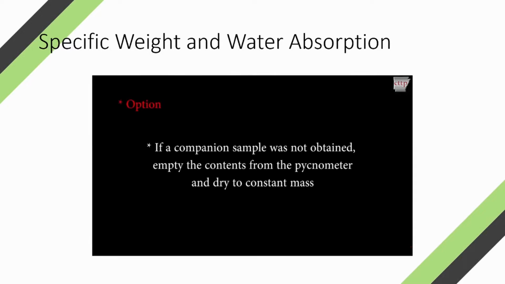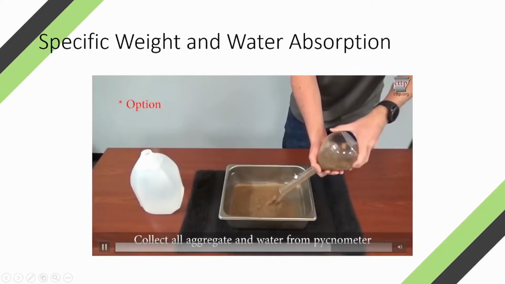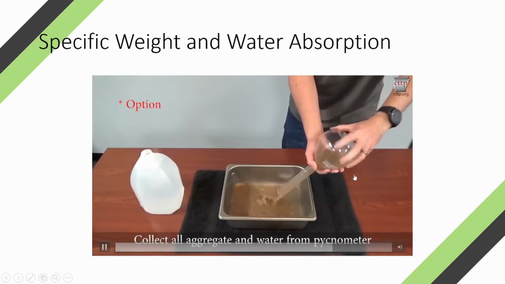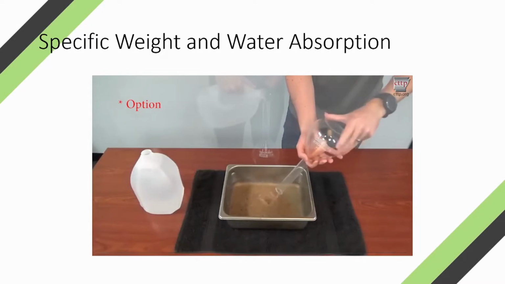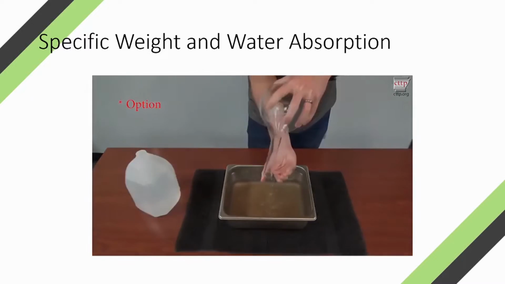If a companion sample was not obtained, empty the contents from the pycnometer. Collect all aggregate from the pycnometer and dry it to a constant mass. Kapag nakakuha kayo ng companion sample, pwede na lang i-dry yung sample ninyo. Rinse until the pycnometer is clean. All aggregate must be removed from the pycnometer.